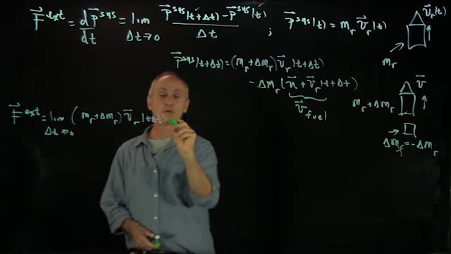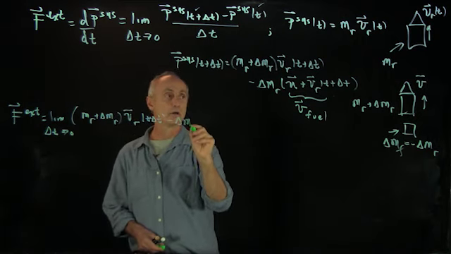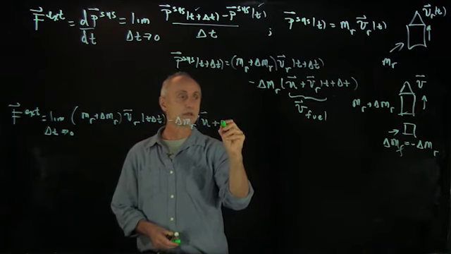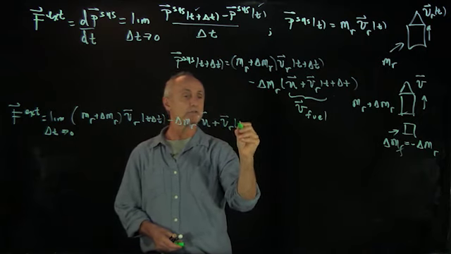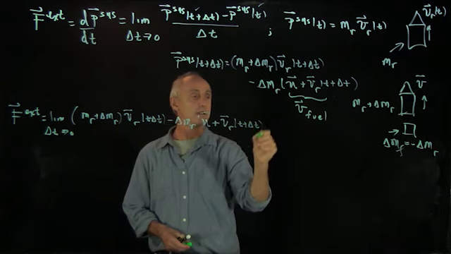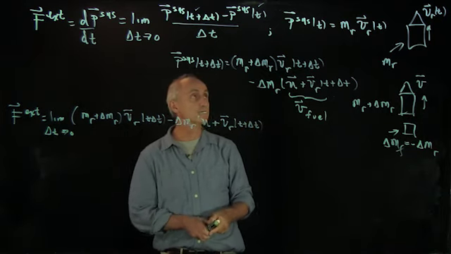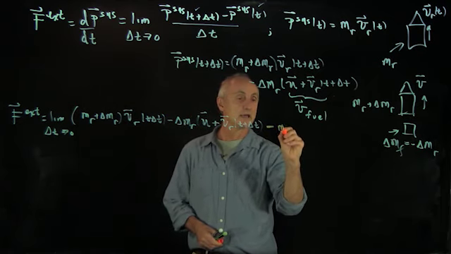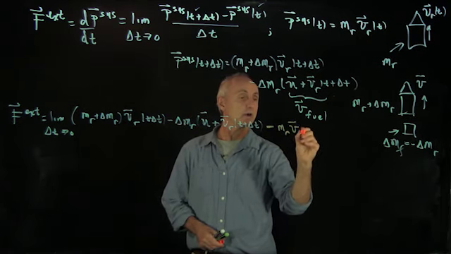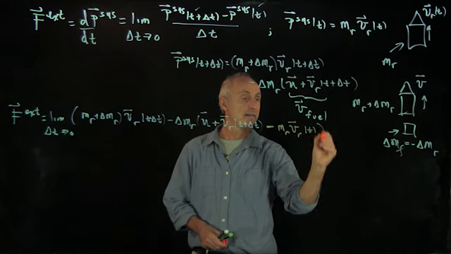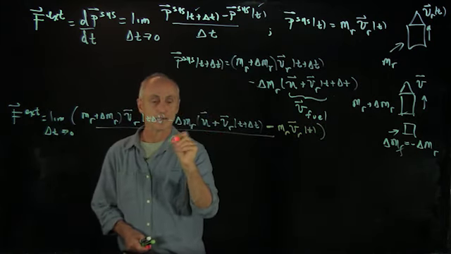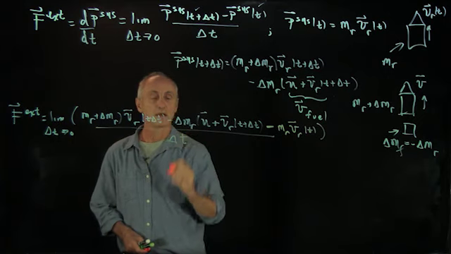And now we have the fuel term, minus delta mr times u plus v of r of t plus delta t. And we have to subtract from that mr v of r of t. And the whole thing we're dividing by delta t.